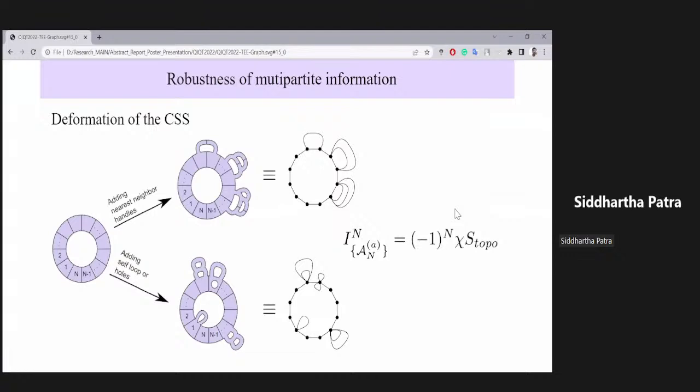It remains the same. Even if you create punctures, holes inside a subsystem, or add self loops in the subsystem, the multipartite information remains invariant. This shows the robustness of this multipartite information for such topologically ordered phases.